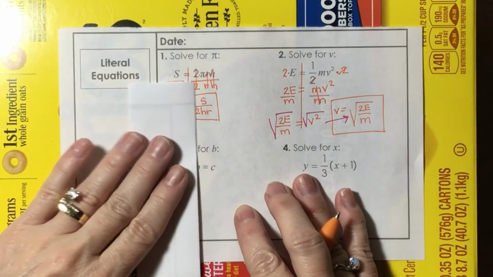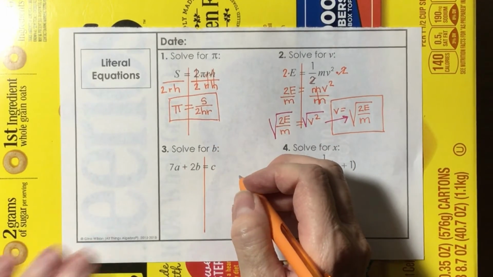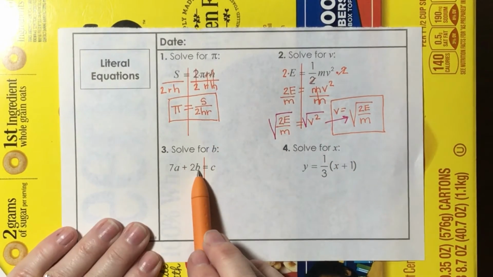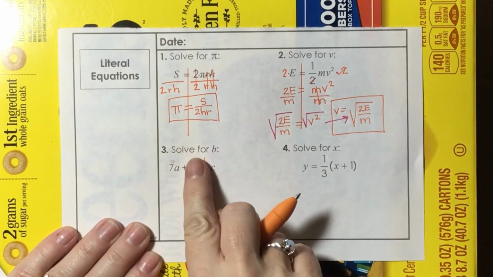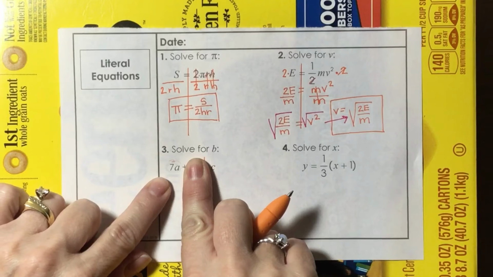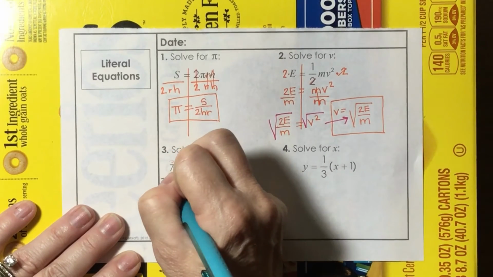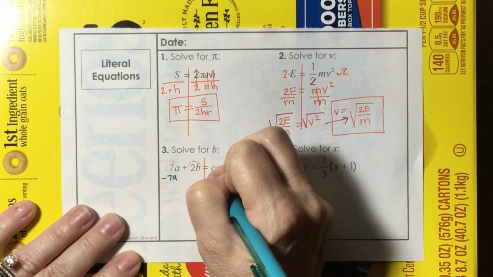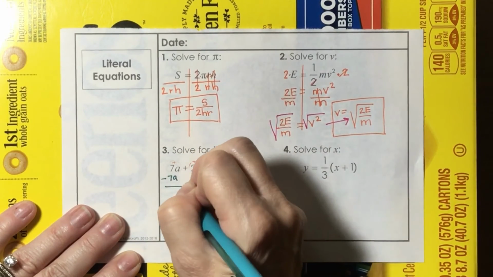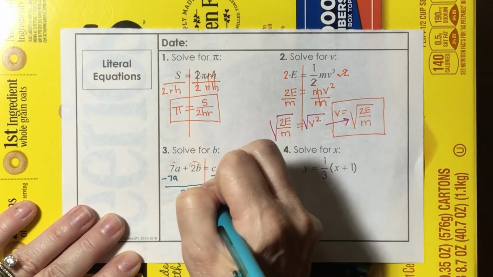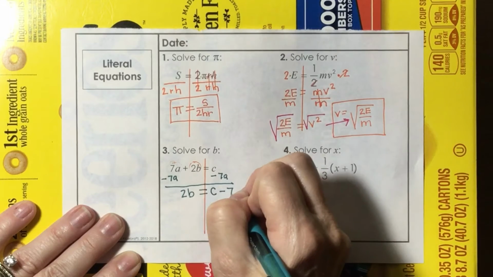Okay, next we are going to solve for b. So we want b to be all by itself. We have 2 terms. This term has the b, so we just want to move this one. So we're going to go ahead and say negative 7a, negative 7a. These cancel out, leaving us with 2b. Well, these are unlike terms, so I simply have c minus 7a.